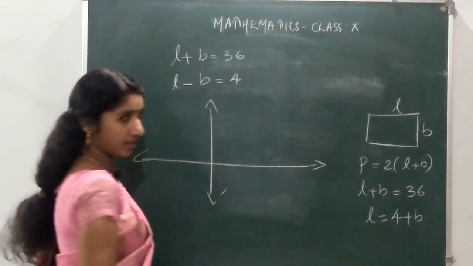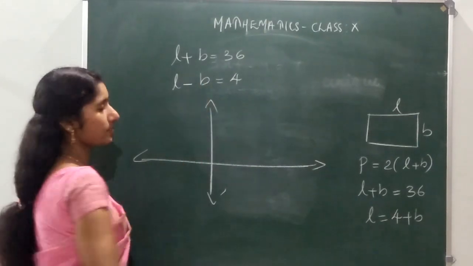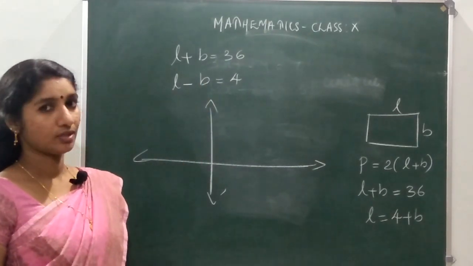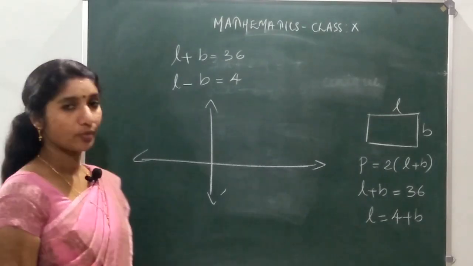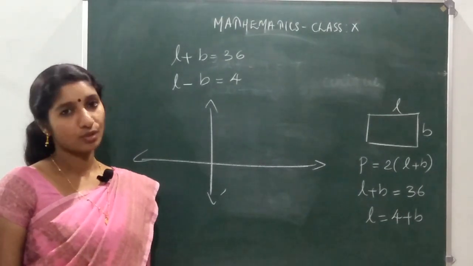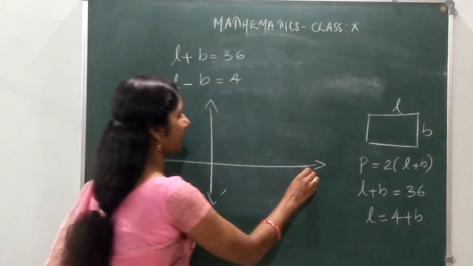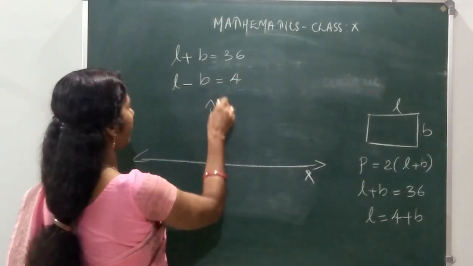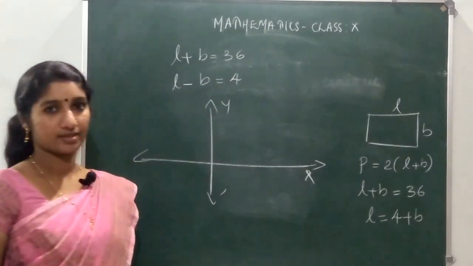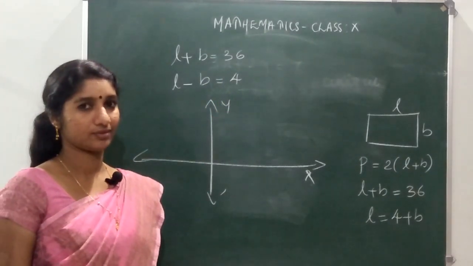Draw L minus B equal to 4 also, then the two straight lines will intersect at some point. That point is our solution. You can mark length L on the x axis and breadth on the y axis. I believe you will do it alone.